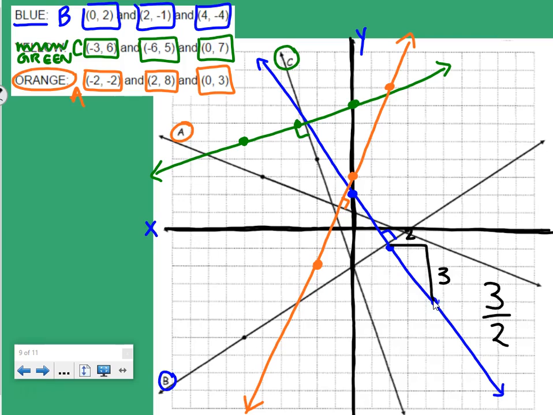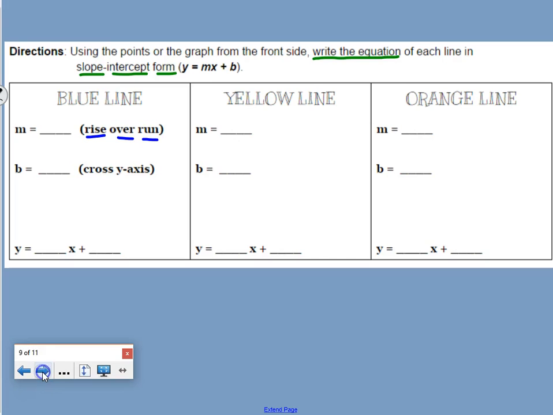However, we need to make sure we consult Mr. Slope Guy. Are we going up the mountain or down the mountain? And if I look, the blue line is going down, so it's going to have a negative slope. So in our slope, we can put negative 3 over 2.